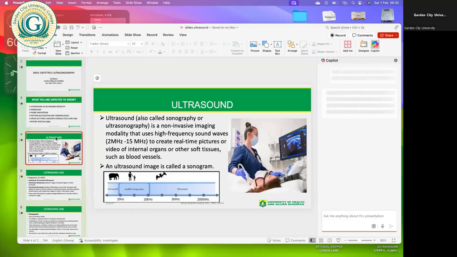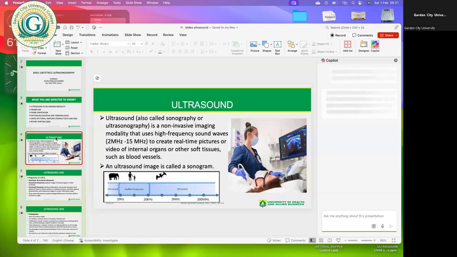So what is ultrasound? Basically, ultrasound is the use of sound waves that are of high frequency to create real-time images of the human body. So when you take the ultrasound probe, it is an equipment that contains certain materials, which we would come to later, that allow you to produce sound.